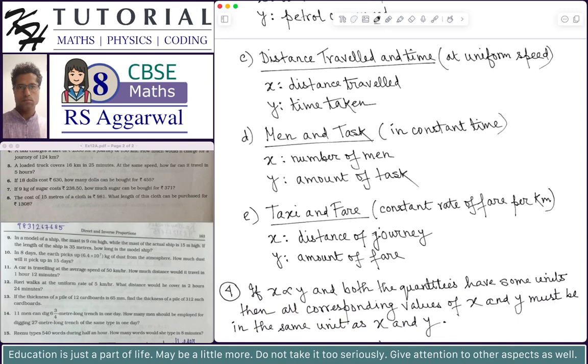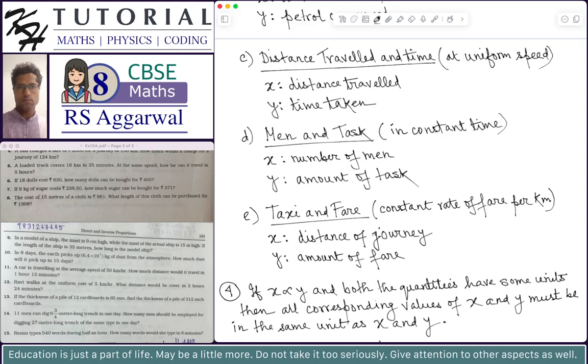So the quantities involved are the distance of the journey and how much the taxi is charging, that is the amount of fare. Keeping in mind, one thing is kept constant, which is the rate of the fare of the taxi, which is how much money the taxi is charging per kilometer.